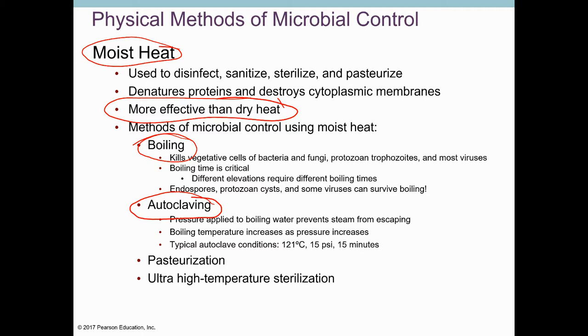And that involves not only moist heat, but also high pressure. So boiling is good, autoclaving is better, but to autoclave something, you need an expensive piece of equipment. For most purposes, boiling is enough.